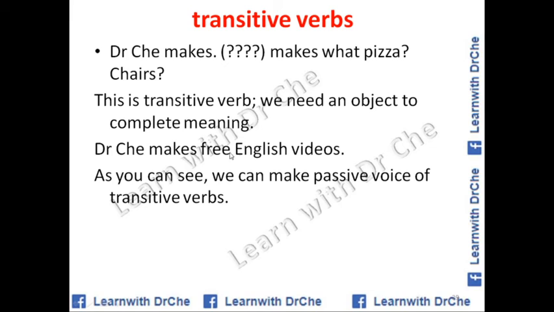Dr. Che makes free English videos. Now it is okay. As you can see, we can make passive voice of transitive verbs. Free English videos are made by Dr. Che. Okay.